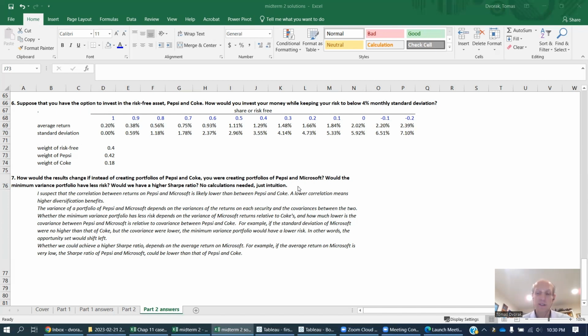If the decrease in covariance is sufficiently large, and even if Microsoft has slightly higher variance, the minimum variance portfolio could have a lower risk, but it's by no means guaranteed. So then whether we could achieve a higher Sharpe ratio, well, that depends not just on the variances and covariances, that also depends on the average return of Microsoft. For example, if average return on Microsoft is really, really low relative to that of Coke, then mixing Pepsi with Microsoft is not going to get us a higher Sharpe ratio.